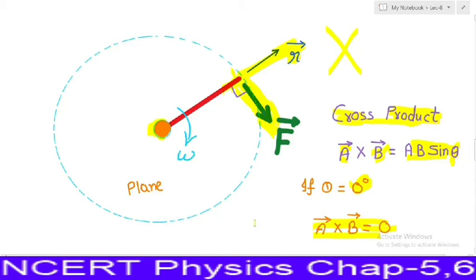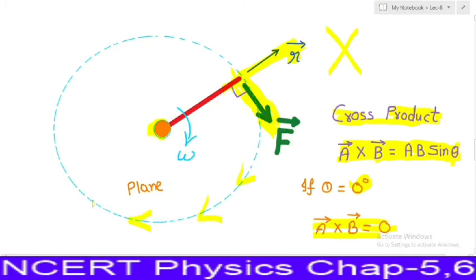Now we again come to our cross product, that is A cross B. As we said, A cross B is equal to AB sine theta. But this is not the exact expression for A cross B. As we know, the cross product is always used where rotational problems are involved.